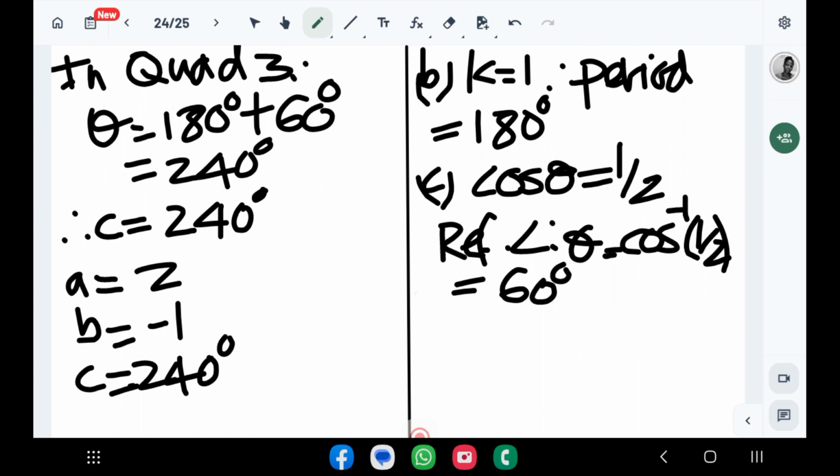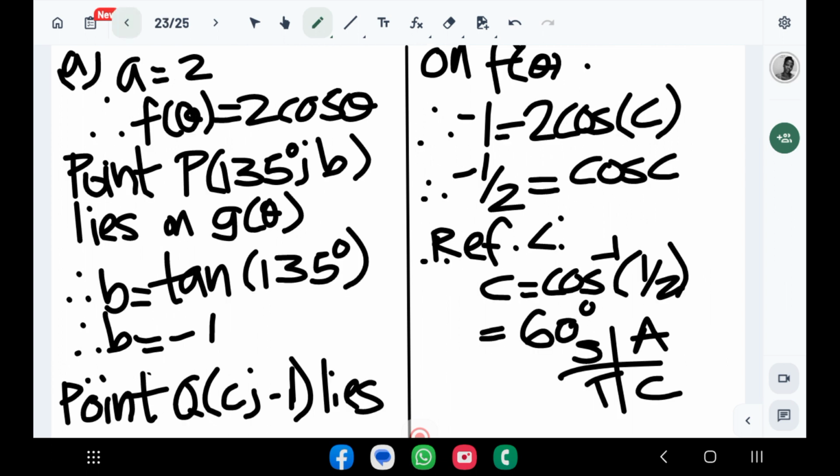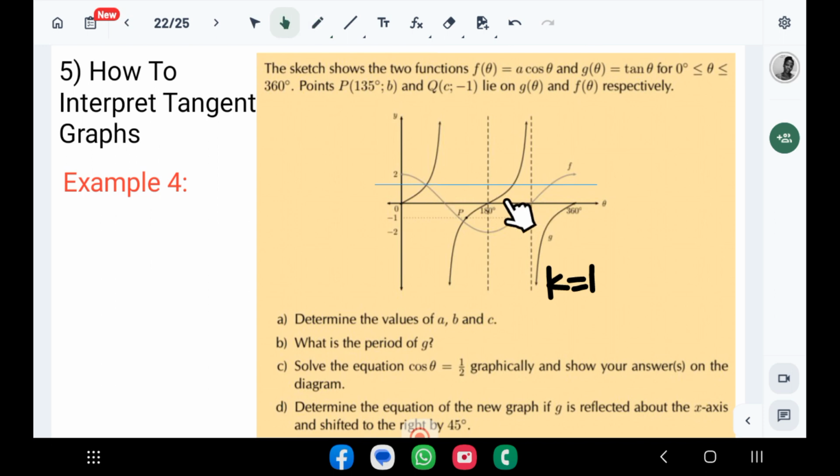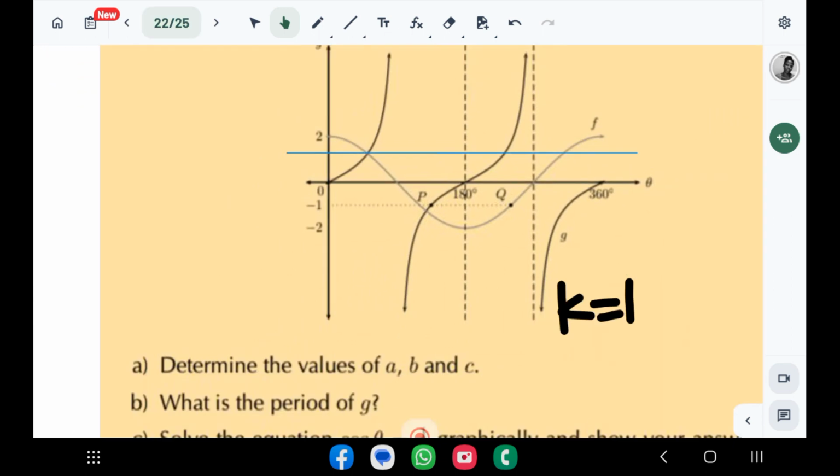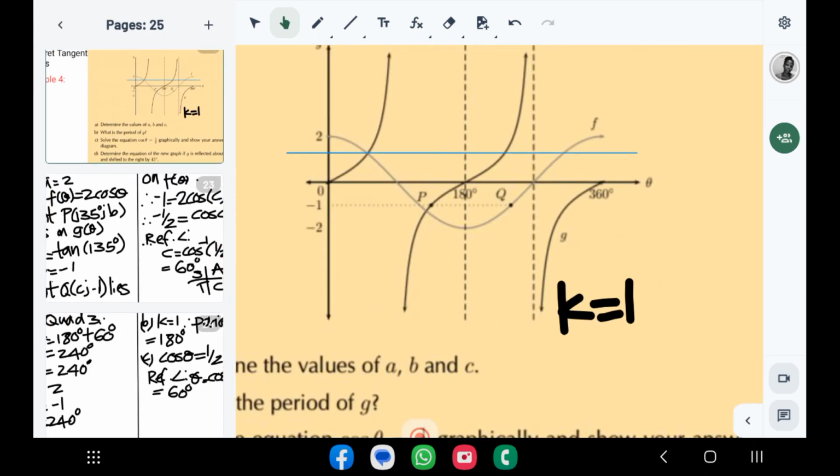You press shift, cos, then the fraction button 1 over 2, close bracket, and that gives you 60 degrees. That is the reference angle. Cos of theta is positive where?